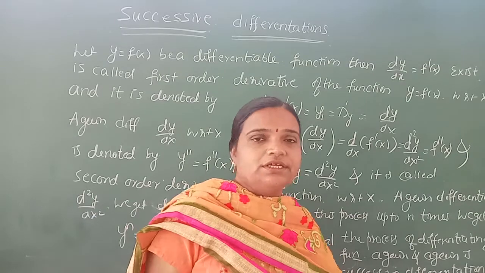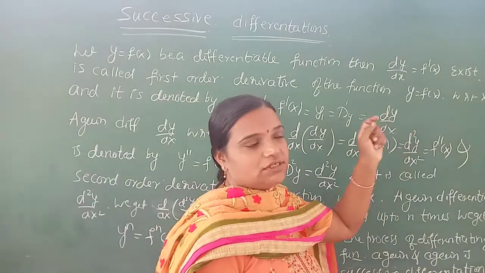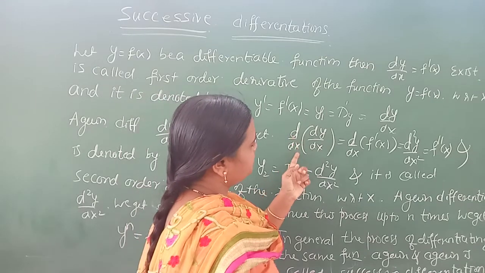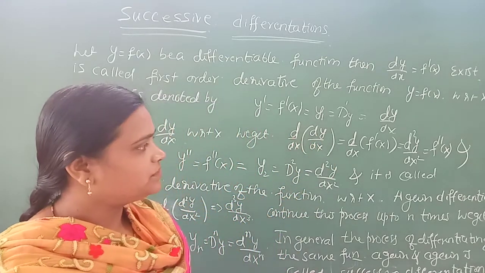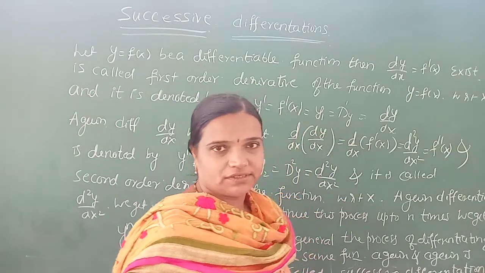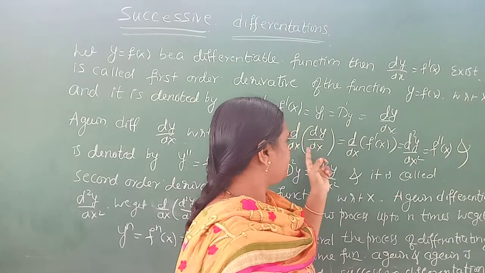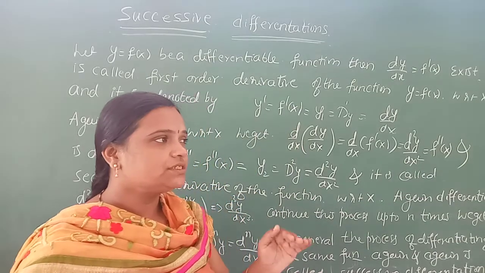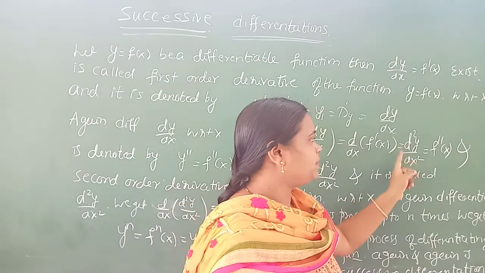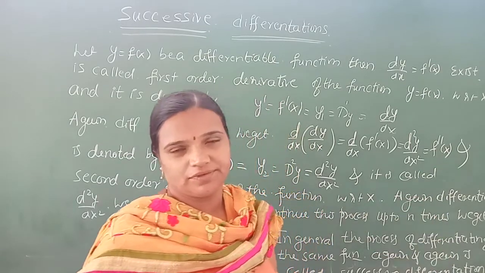differentiation. Next, again differentiate this function dy by dx with respect to x. We get d by dx of dy by dx, that is d by dx of f dash of x. We get d2y by dx square. Here d by dx is done 2 times, that's why we write d2 by dx square, and f dash becomes f double dash of x.